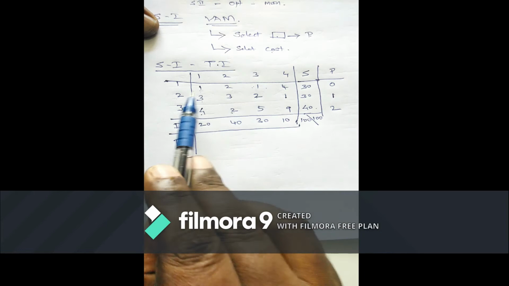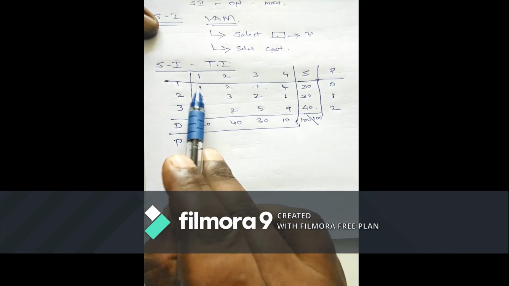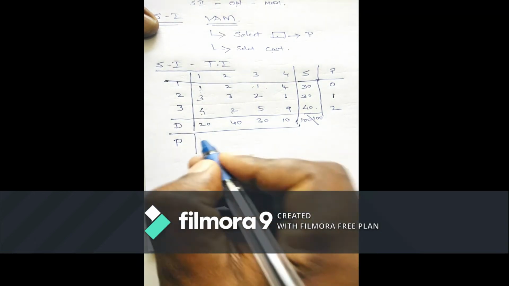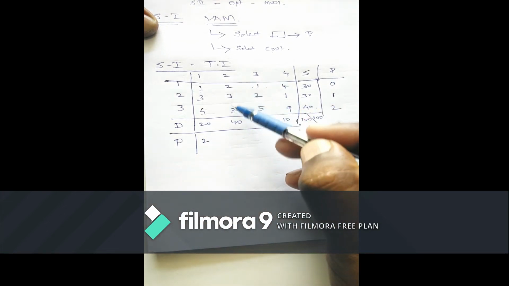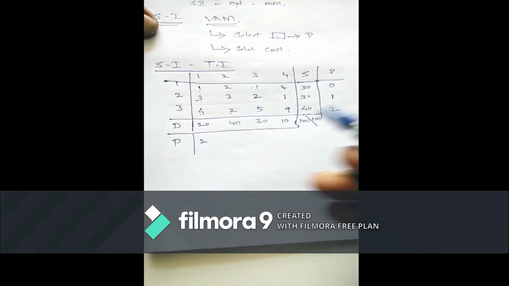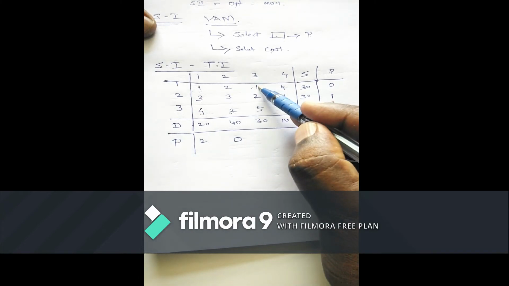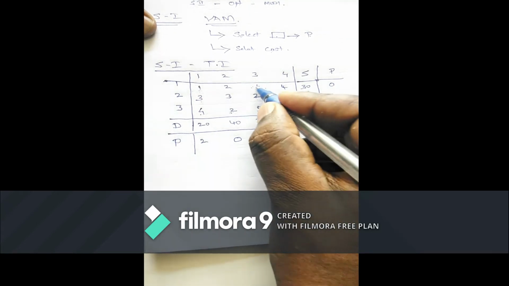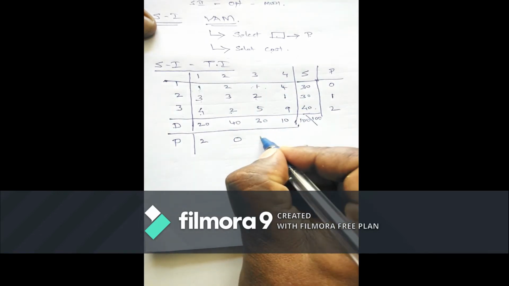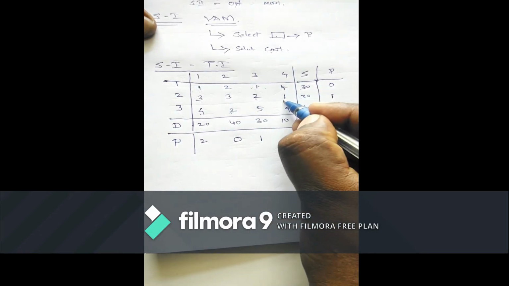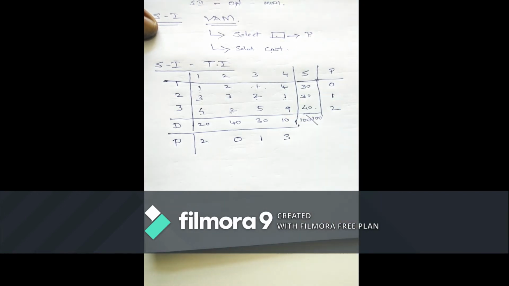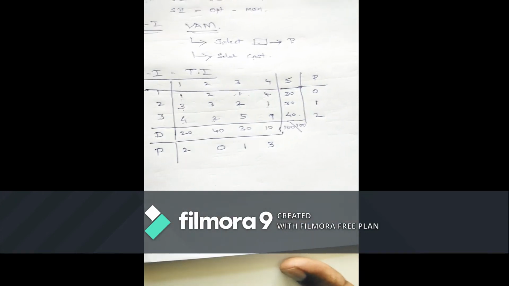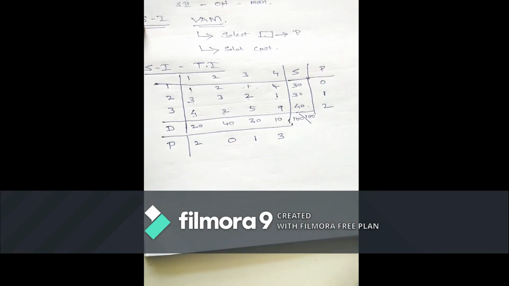Column wise, first column: minimum value 1, second minimum value 3, difference 2. Second column: there are two 2's, so the difference is 0. Third column: minimum value 1, second minimum 2, difference 1. Fourth column: minimum value 1, second minimum 4, difference 3. Now I have found all the penalty values.